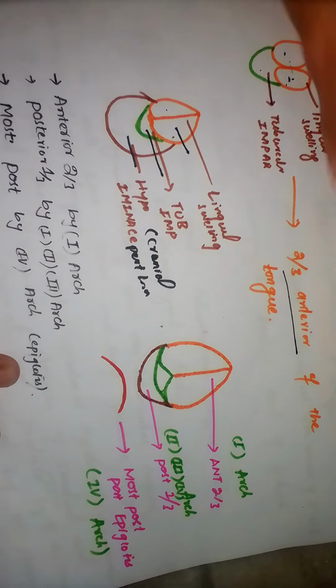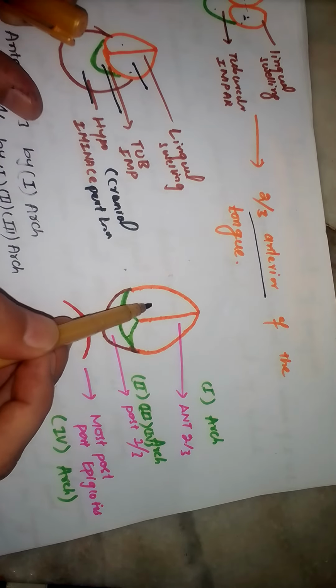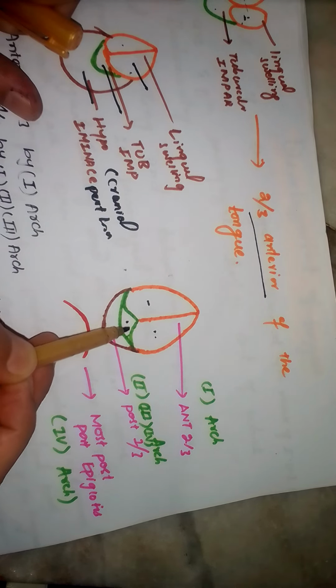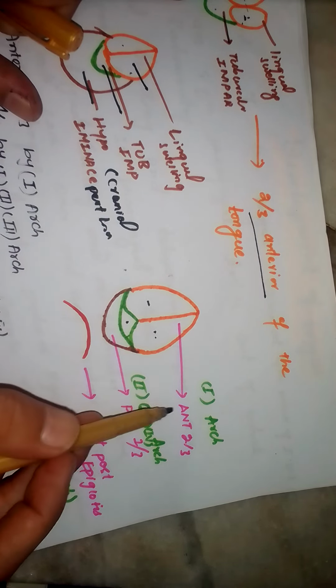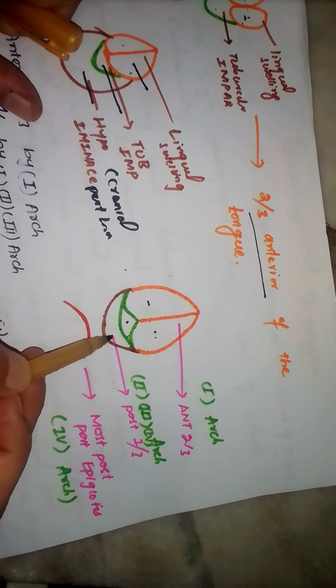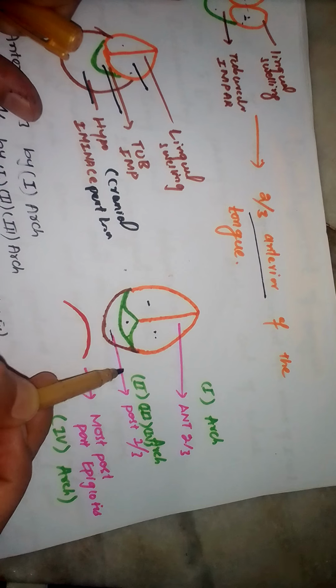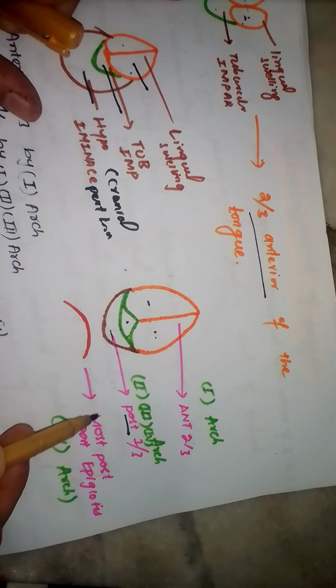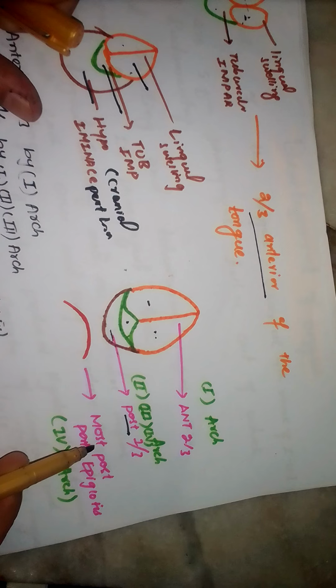This is the two lingual swellings, and this is the tuberculum impar, which produces the anterior two-third of the tongue. The cranial part of the hypobranchial eminence produces the posterior one-third of the tongue. The most posterior part, which is epiglottic in nature, is developed by the fourth pharyngeal arch.